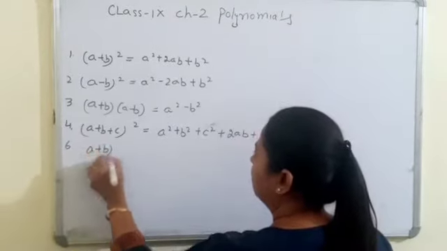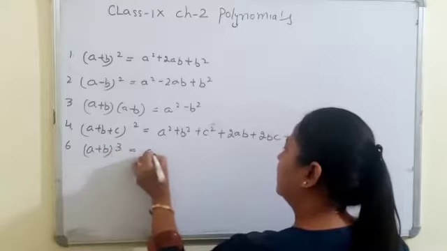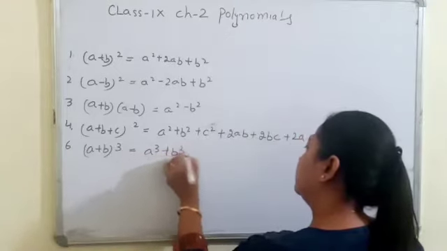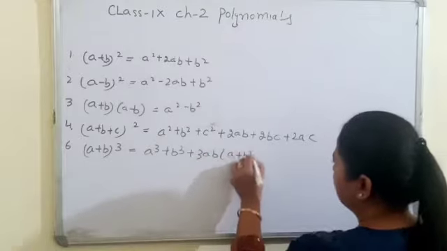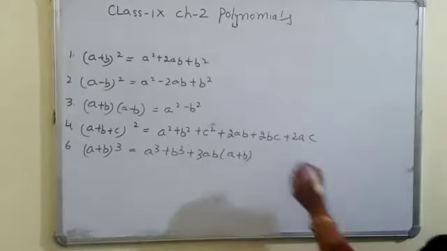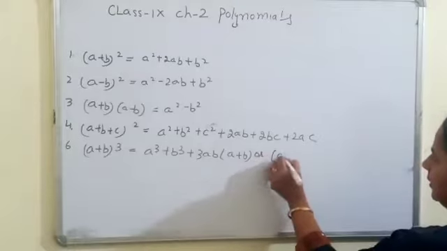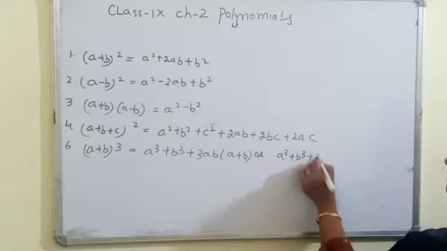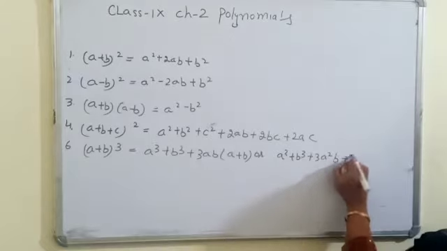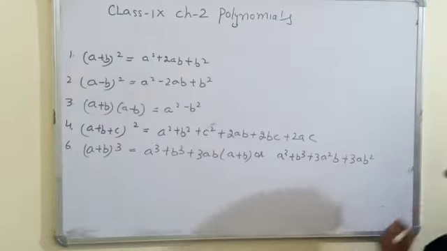Next is (a plus b) whole cube, a cube plus b cube plus 3ab into (a plus b), or we can write it a cube plus b cube plus 3a square b plus 3ab square.